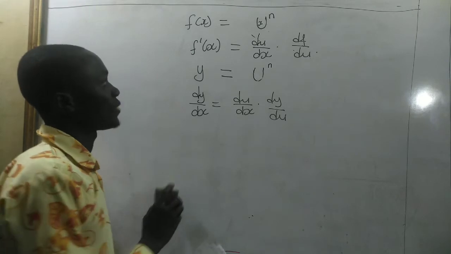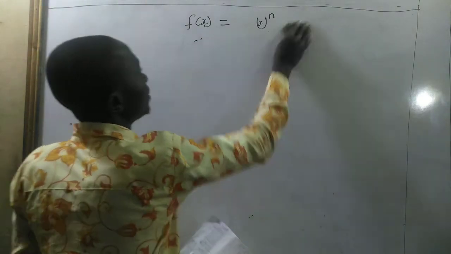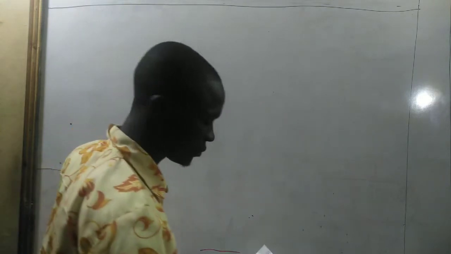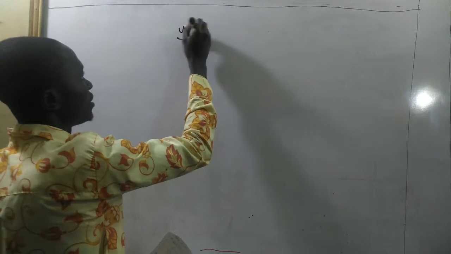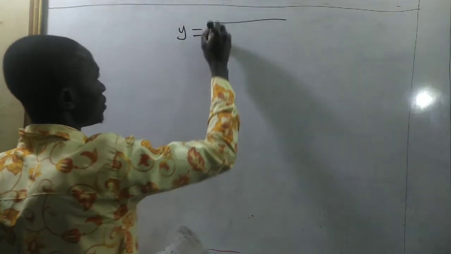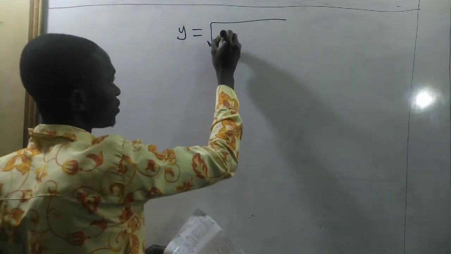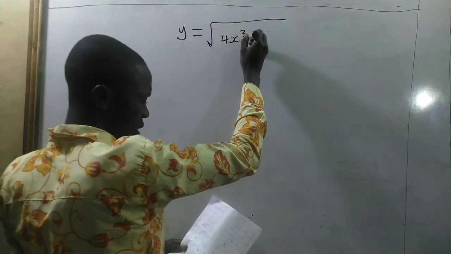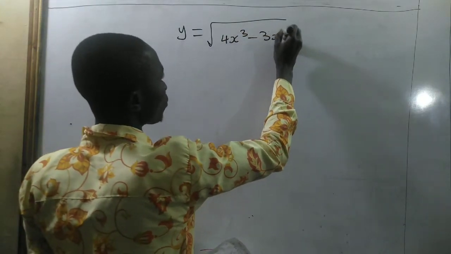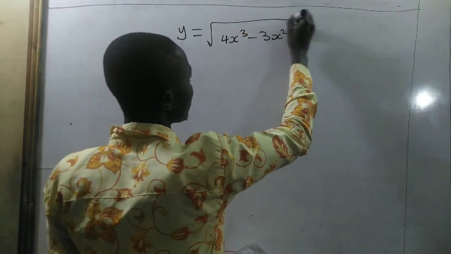Now let's take examples here. First example, we are going to consider differentiating y is equal to the square root of 4x cubed minus 3x squared plus 5.